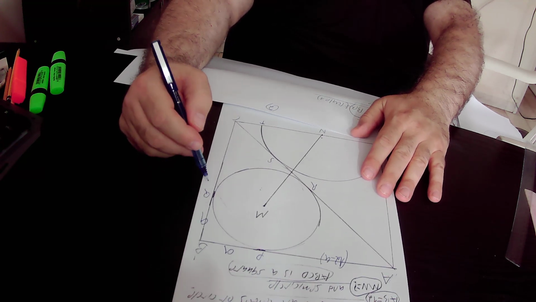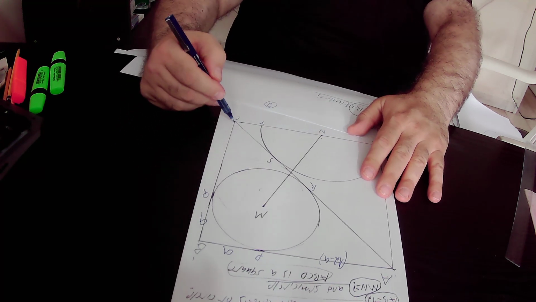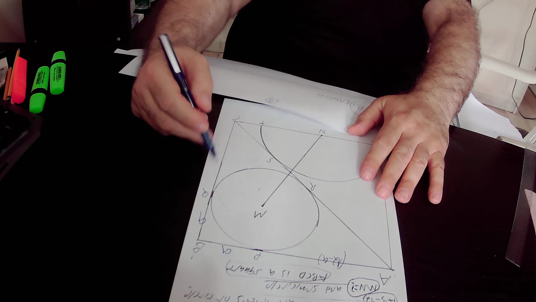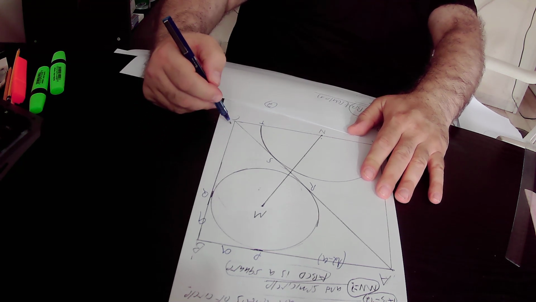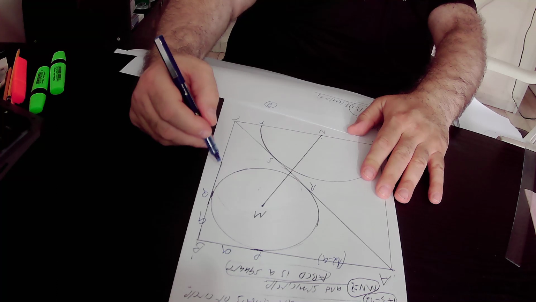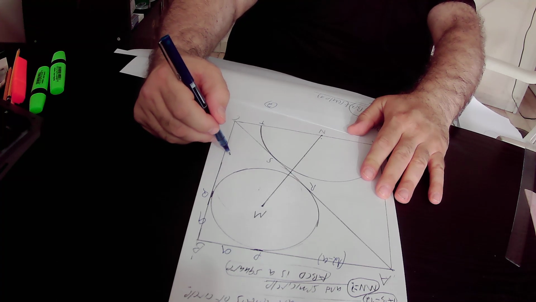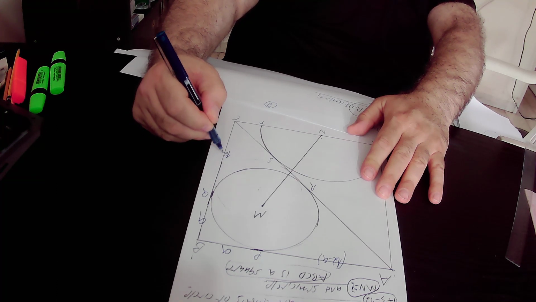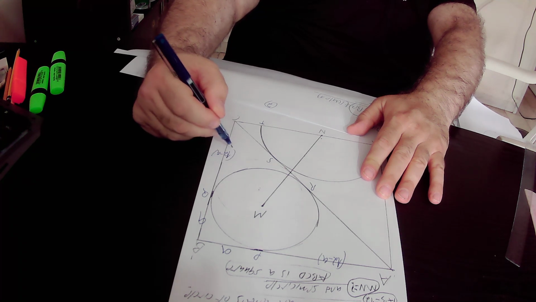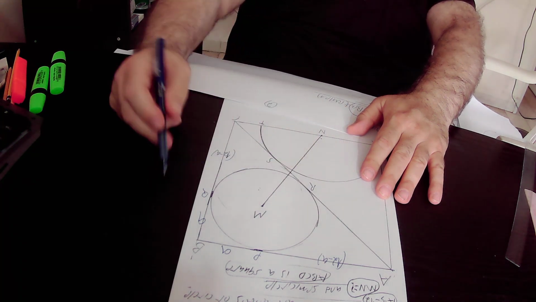So if BQ equals A and BC equals 12, then QC will be equal to BC, that is 12 units, minus BQ, that is A. In conclusion, QC will be equal to 12 minus A, exactly like the length of AP, that is also 12 minus A.